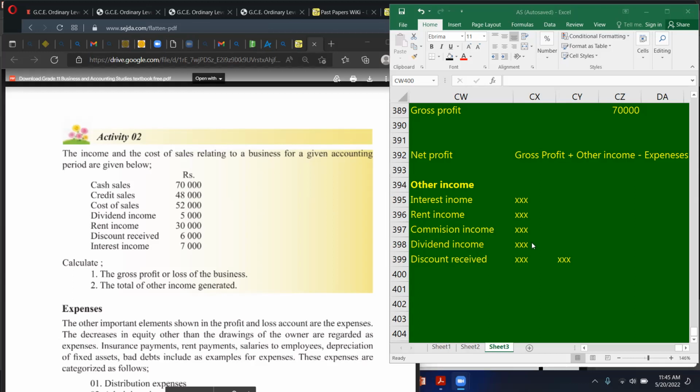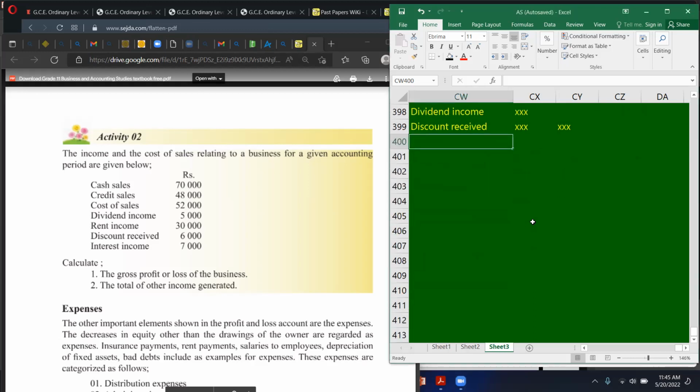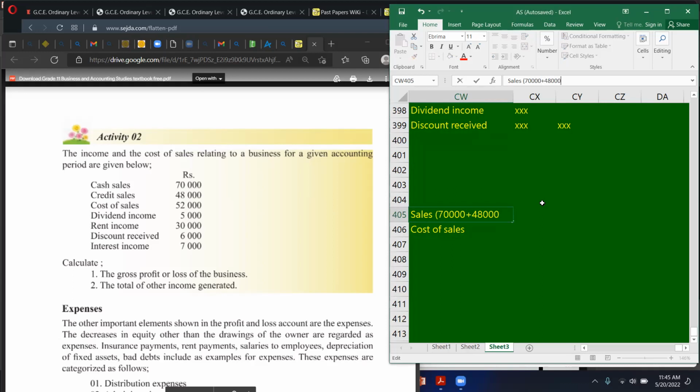Finished? You need to calculate the gross profit, sales minus cost of sales. Sales is the summation of both credit and cash sales. Cost of sales is 52,000. Gross profit here.